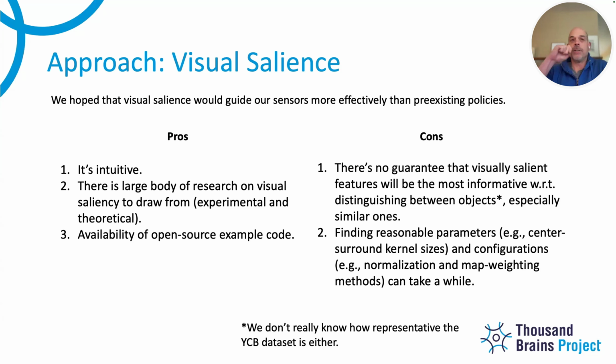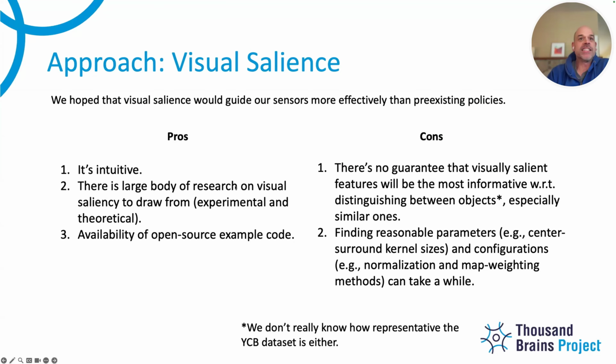All right, so that's where visual salience is kind of a first idea, best idea. It makes a lot of sense. You're going to want to attend to the interesting parts of an object. It's pretty intuitive.